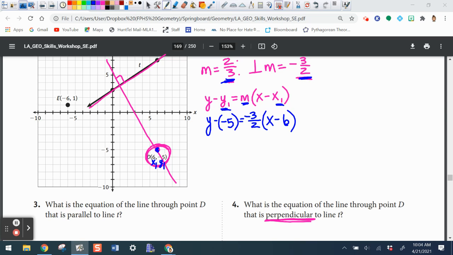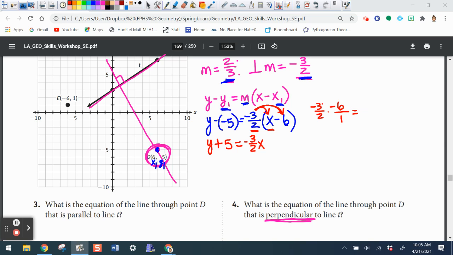Now I'm going to simplify both sides. y minus a negative 5 just changes to addition. And then we're going to distribute negative 3/2 times x and negative 6. A negative 3/2 times x is simply negative 3/2 x. And a negative 3/2 times negative 6, we'll show that work over here. Negative 6 over 1 and then multiply across.